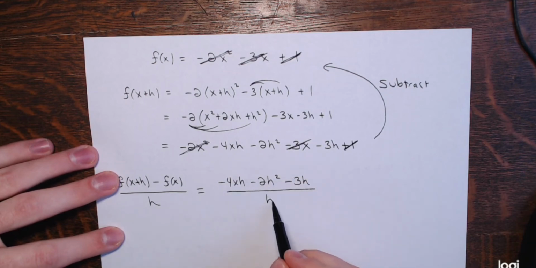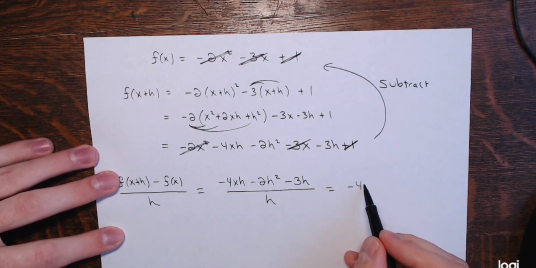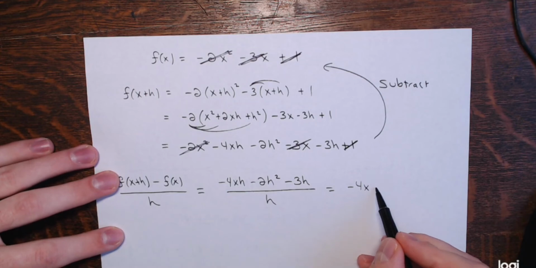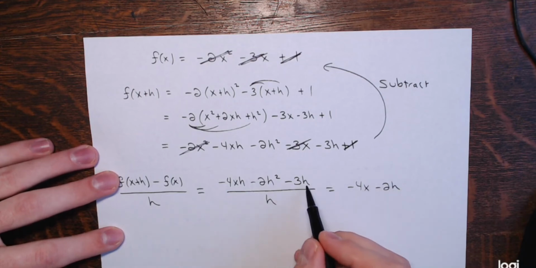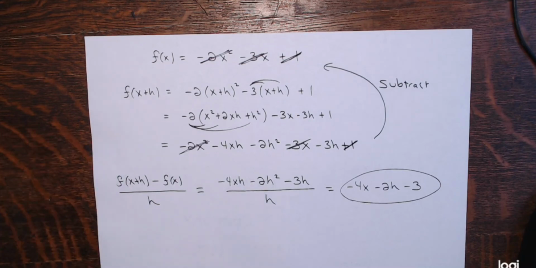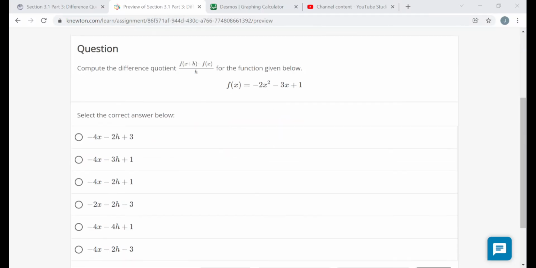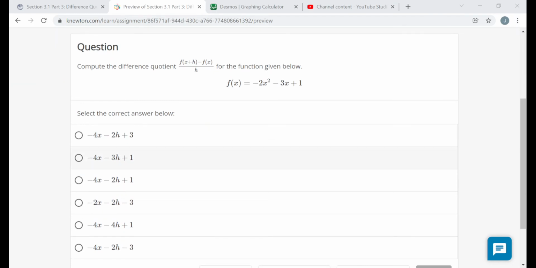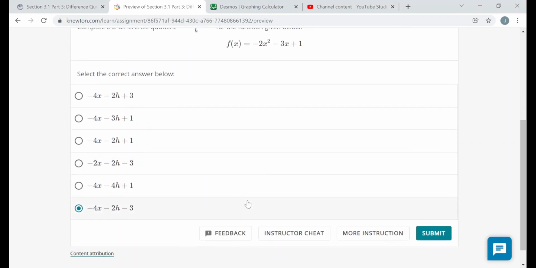And this all gets divided by h, and if you divide each of these by h, you'll have -4x minus 2h to the first, and then minus 3. All those h's canceling, and there we go. That's the simplified version of the difference quotient. So -4x minus 2h minus 3. That's this last expression here.